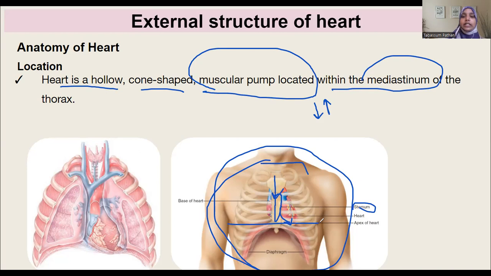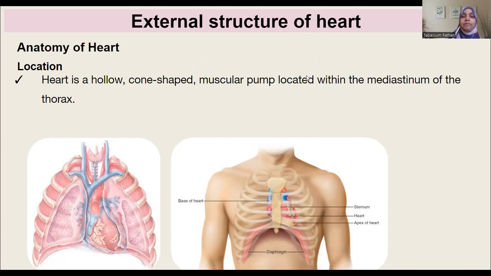This particular region is known as the thoracic region, whereas the whole of this region is your mediastinum. You can see the diaphragm over here, so it rests roughly on the diaphragm. So the location is in the thoracic region within the mediastinum.